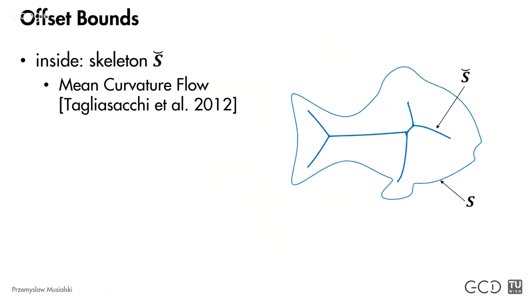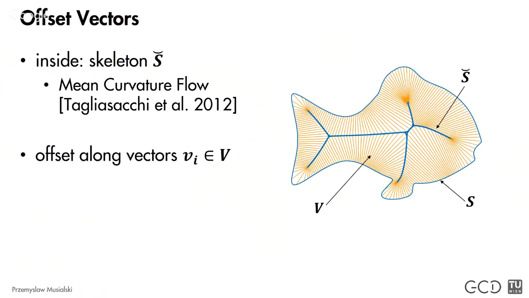This is an algorithm from Andrea Tagliasacchi. It works quite well and has an additional advantage, which also answers the second question: how do we get this vector field V for the offsets? In which direction would we like to offset?